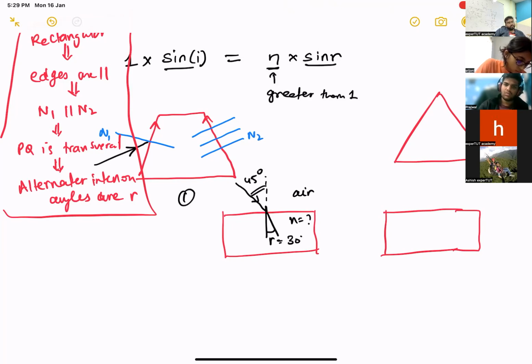Mahita, what are we going to do? What is Snell's law? Sine of the angle. So when you write it for air, what will you write? What is the refractive index of air? 1. 1 into sine 45, right?